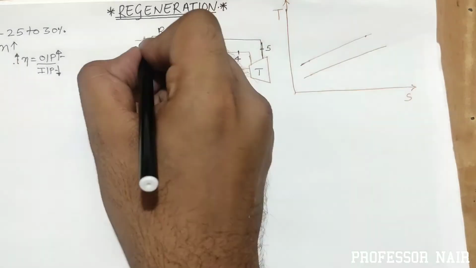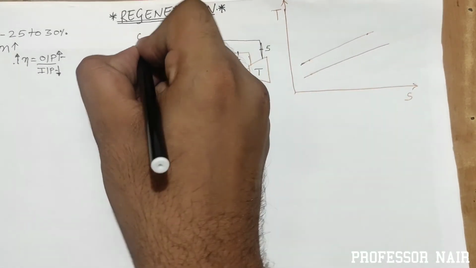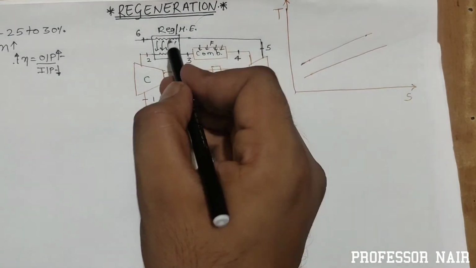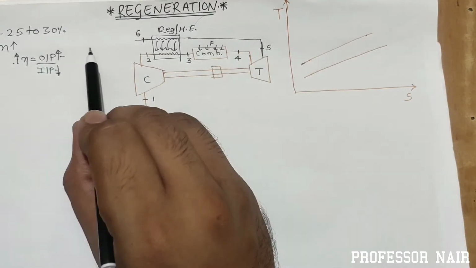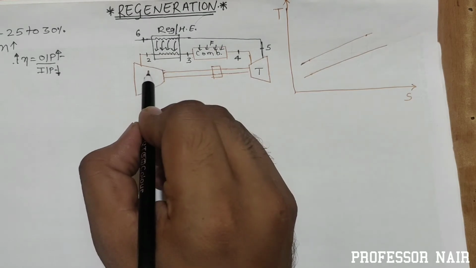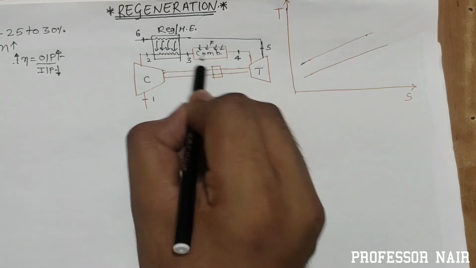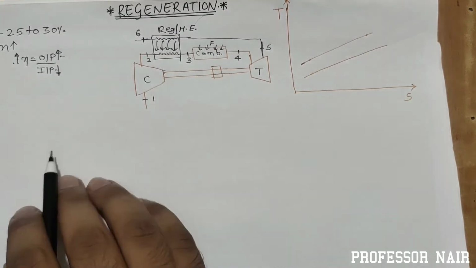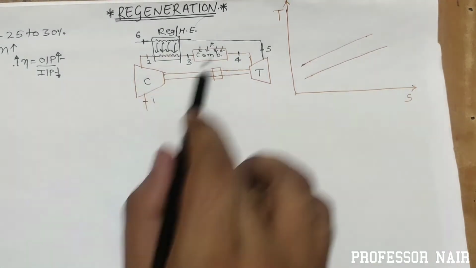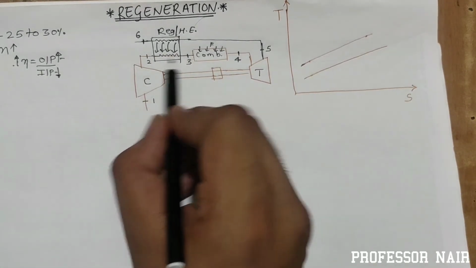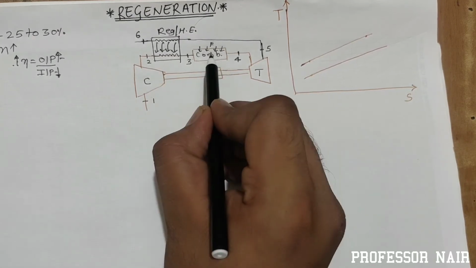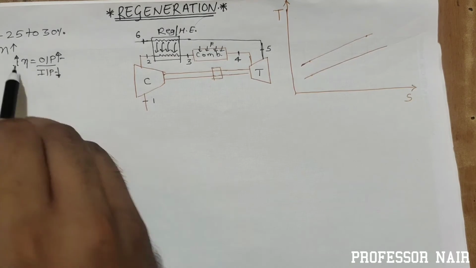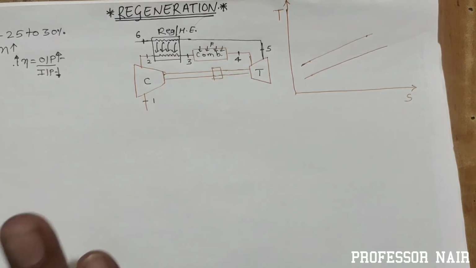This T5 temperature will become T6, right? While it is giving out heat, the temperature which is exhausting to the surrounding will reduce, while the air going inside the combustor will increase. So by heating the second point till the third point, the fuel consumption will reduce. As the fuel consumption reduces, efficiency will increase, dear students.